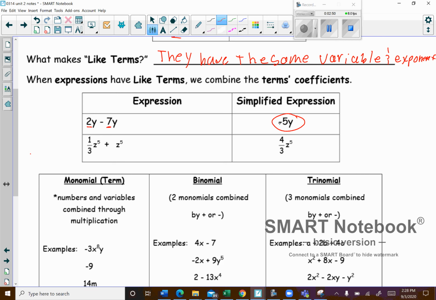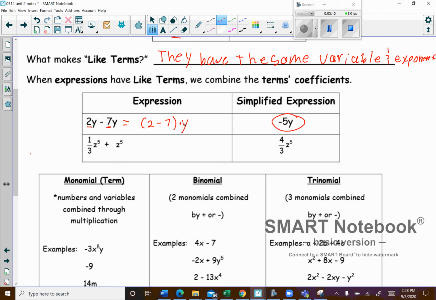And so I can kind of show you, we haven't quite got into factoring yet, but let me show you a little explanation of this, because you're going to see factoring anyways in a little bit. So you'll notice that they both have in common that y. So what I can do is, this is called factoring. I can factor that y on the outside.